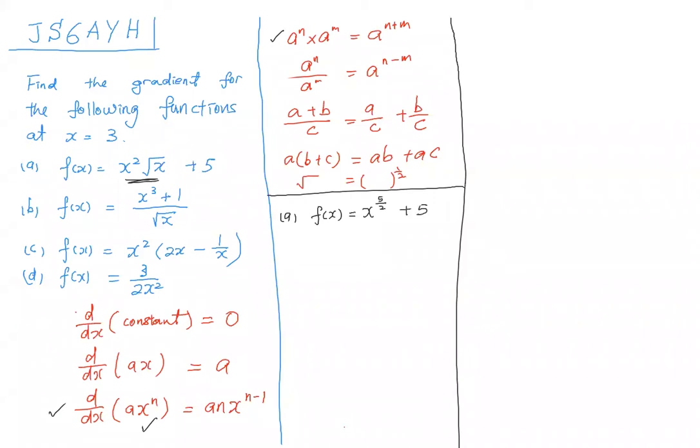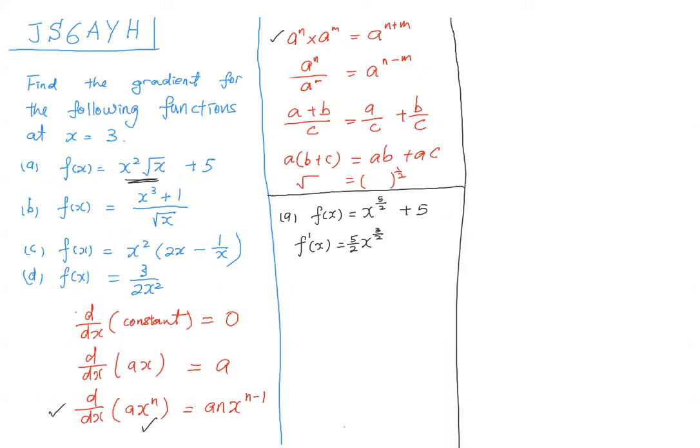Okay, so Bram, can you tell me what is the slope function? 5 over 2, x to the power of 3 over 2. Are you using a calculator or calculating manually? Calculated manually. Okay, good.